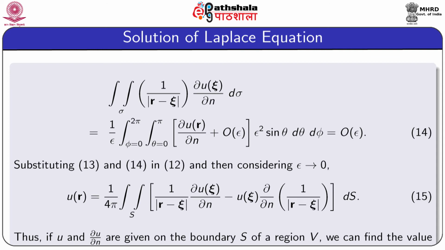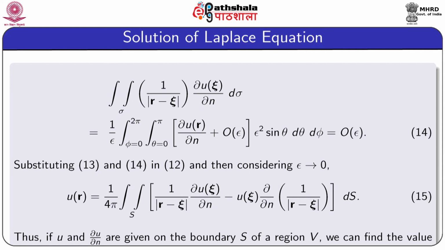If you substitute the values of all terms, del u del n becomes del u del n plus order of epsilon, the value of 1 by mod r minus xi is 1 by epsilon, and the value of d sigma is epsilon square sin theta d theta d phi. So, after simplification you can see that the value of this integral is of order epsilon.